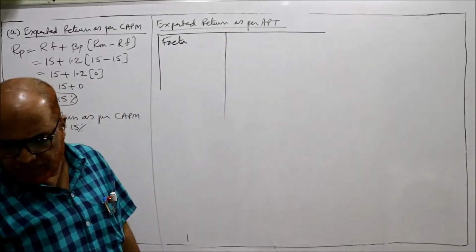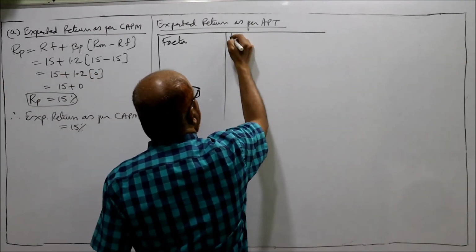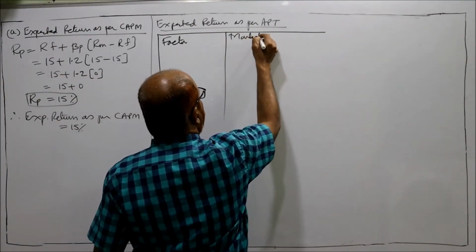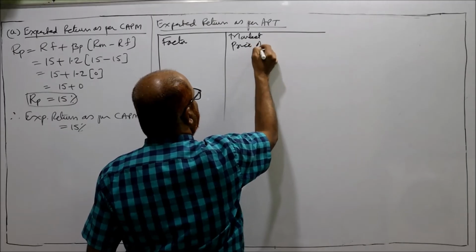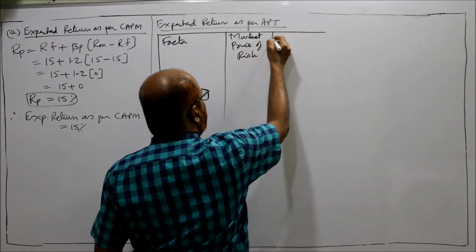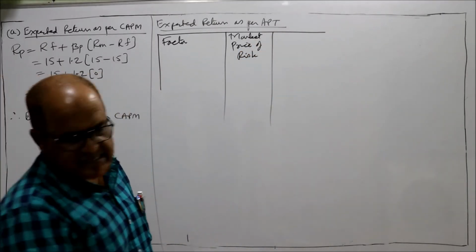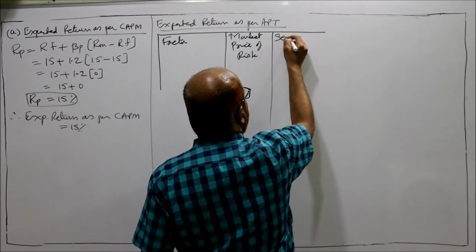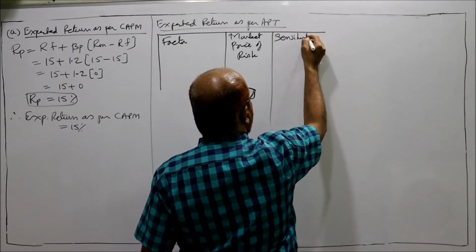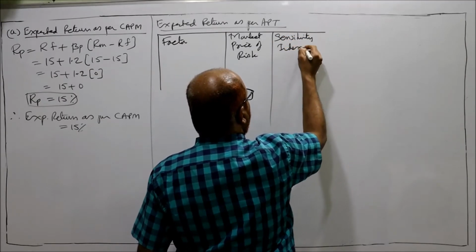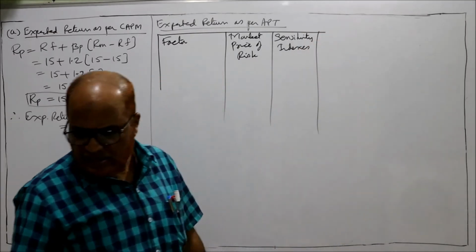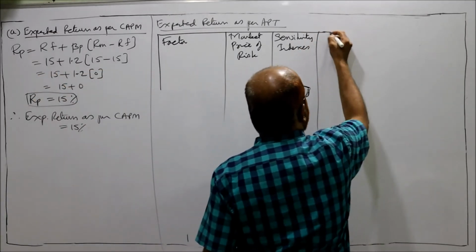The factors are given. Market price of risk, then sensitivity indexes, then the last column will be the product.